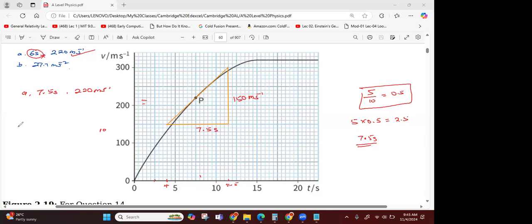Therefore, acceleration is the gradient: 150 divided by 7.5 is 20 meters per second squared.